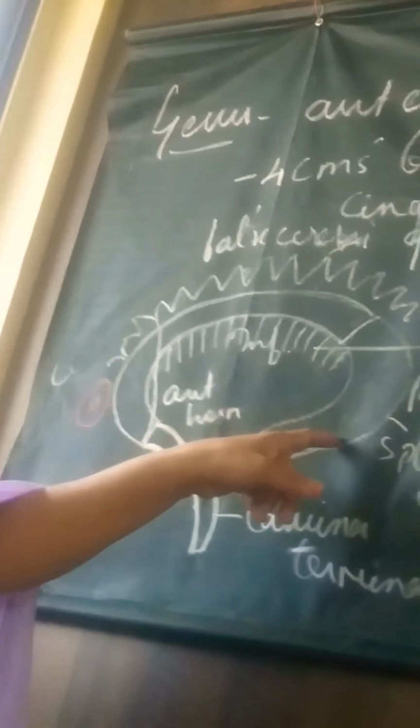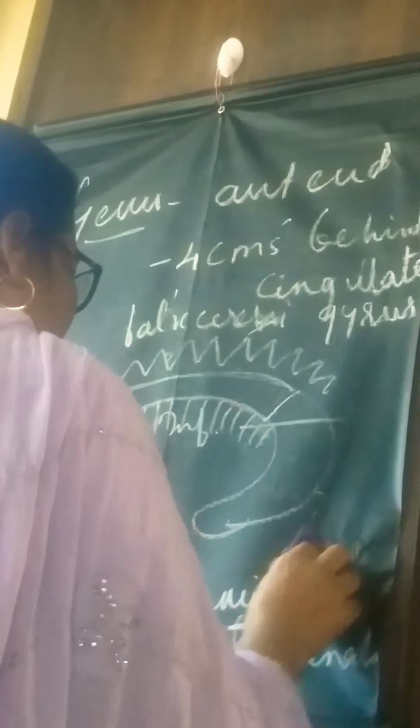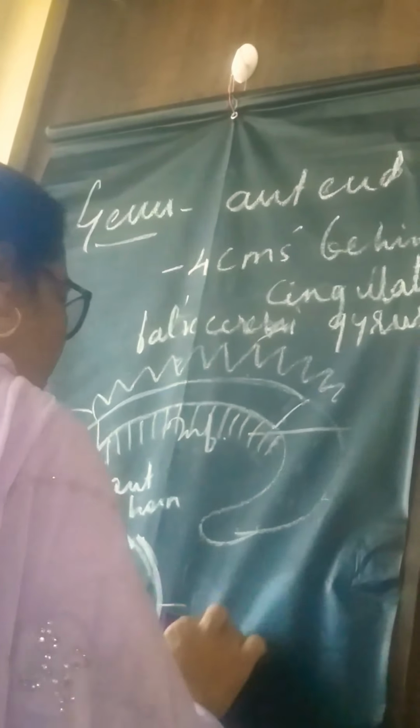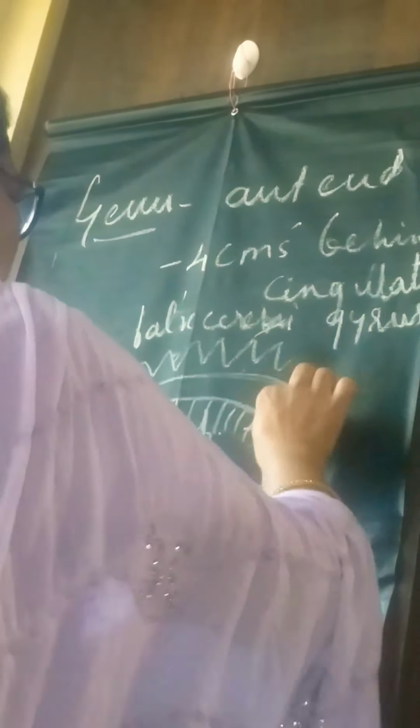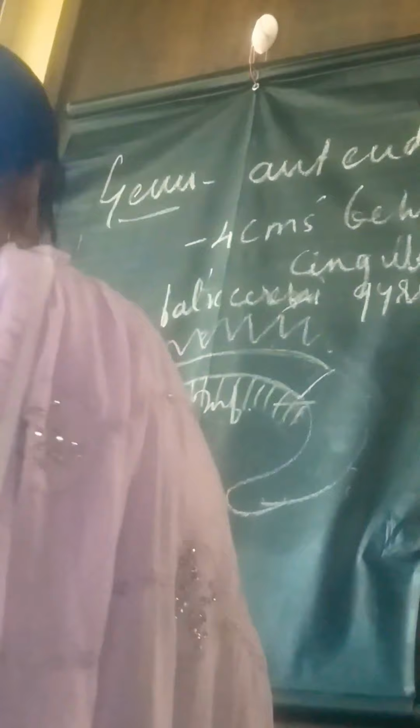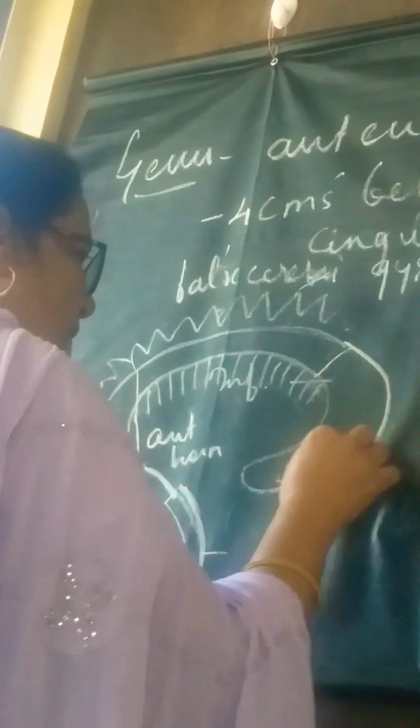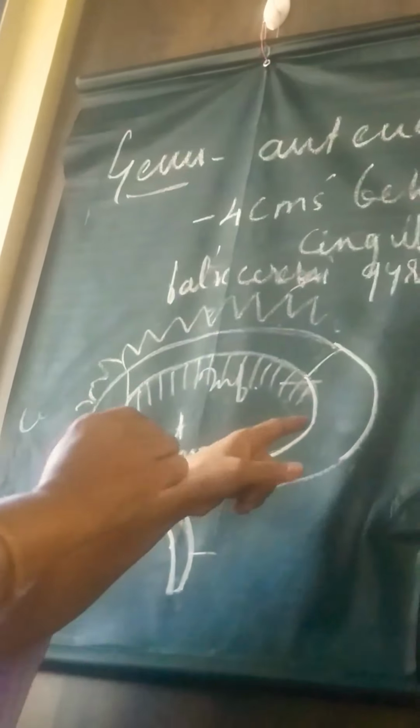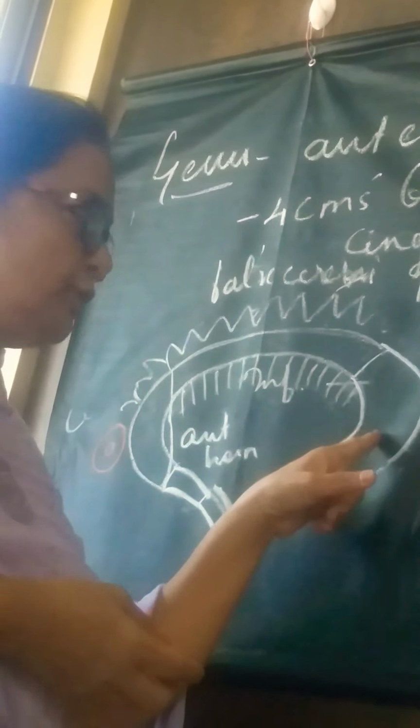Then next is the splenium. The splenium is the posterior part of the corpus callosum.